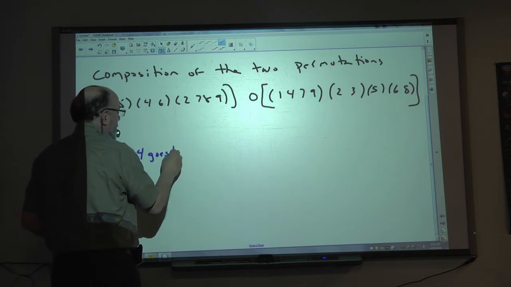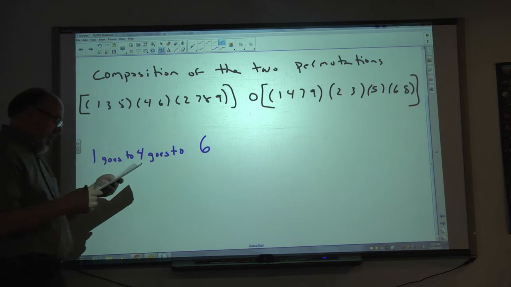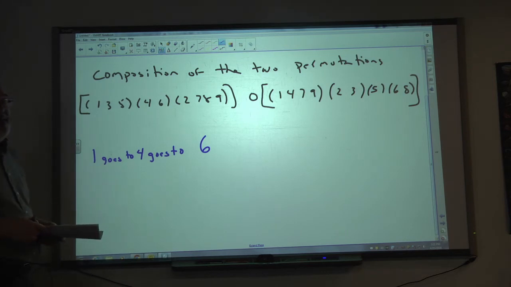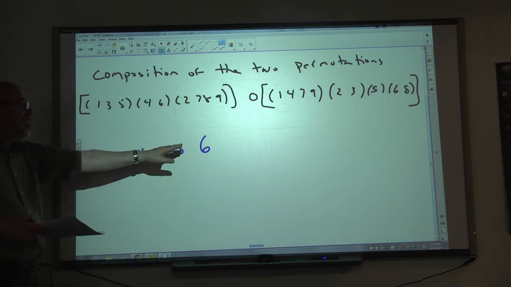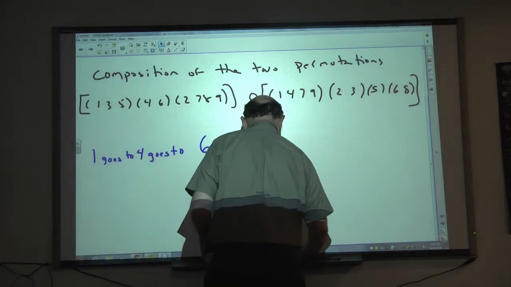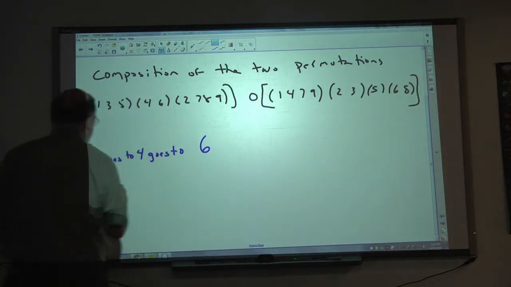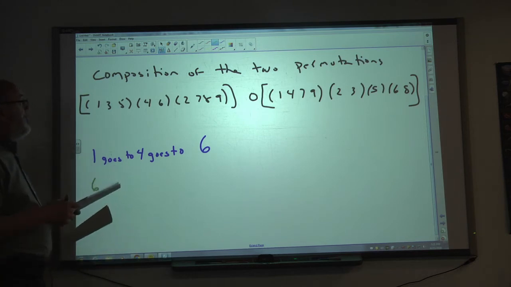Oh, so we jump back and forth. So 1 went to 4, 4 went to 6. So there's my first number, 6. Now we're going to start with the 6.